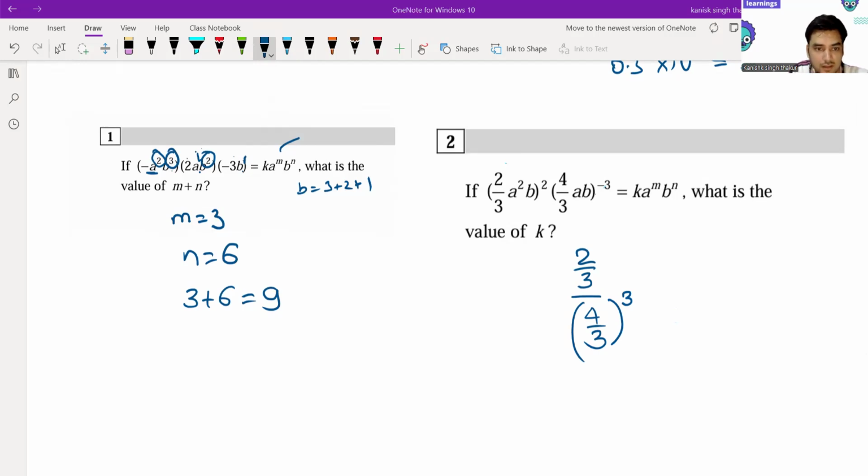So you have 2 over 3, that's fine. But 4 fours are 16, 4 sixteens are 64. So times 64, and then you have 27 here. Isn't it? That's it. So what you'll be having is 2 ones and 2 32s and 3 9s. So 9 over 32 you will get.